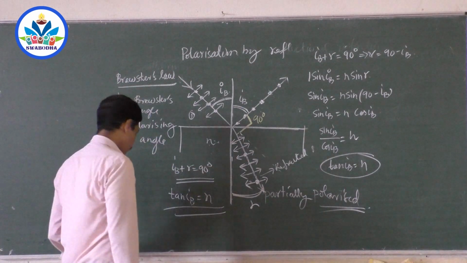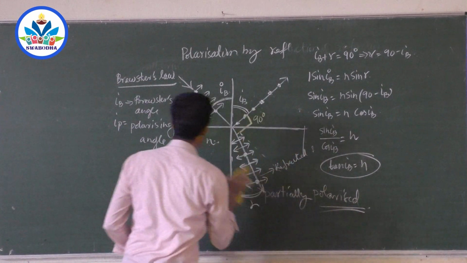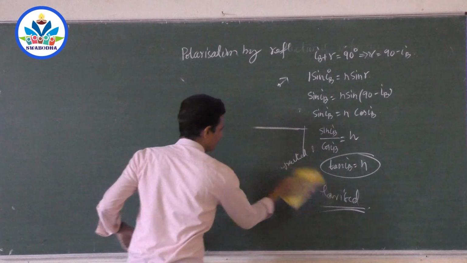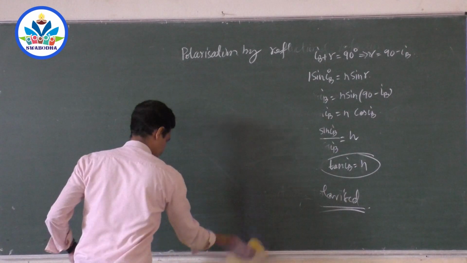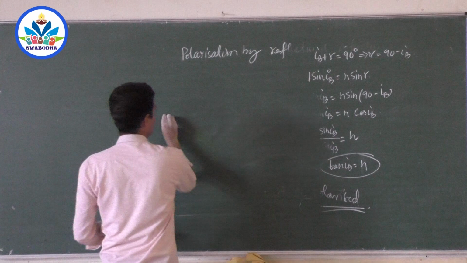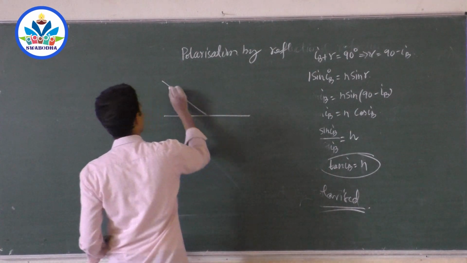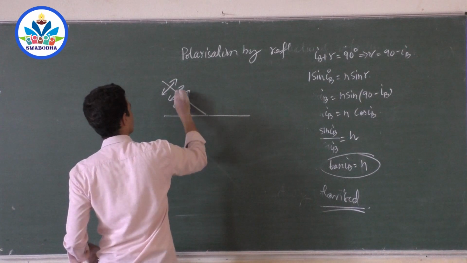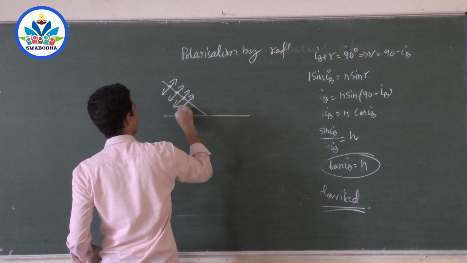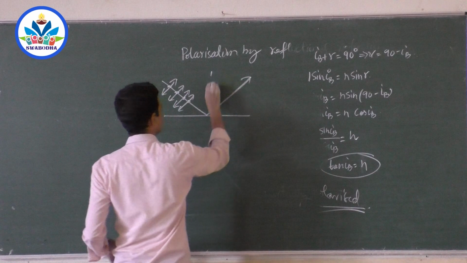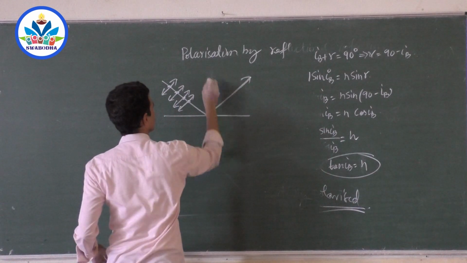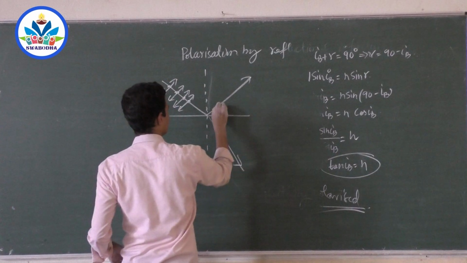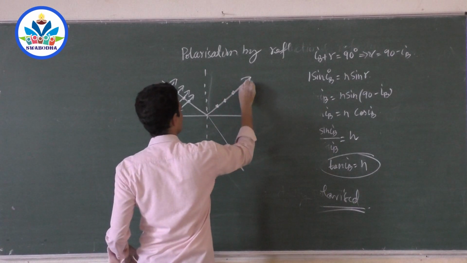Okay, so the things you have to remember here in the Brewster's law, I can recap it like this. This is unpolarized light, and a part of the light gets reflected, part of the light gets refracted. Reflected light is completely polarized like this.